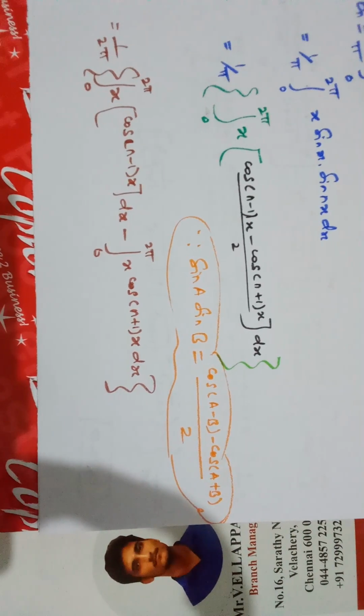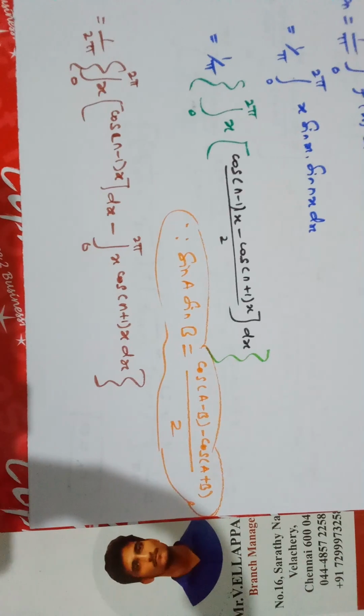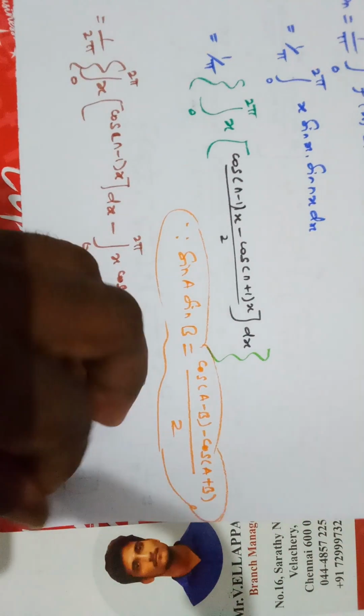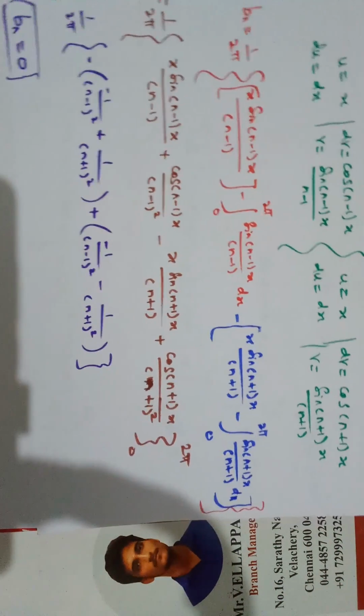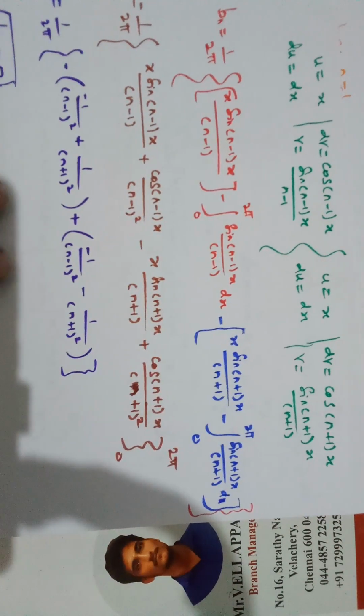Now I use the integration by parts formula, which we already used in the previous coefficient, an. So the same formula I'm going to use here. u equals x, du equals dx, dv equals cos(n minus 1)x, v equals sin(n minus 1)x by n minus 1.